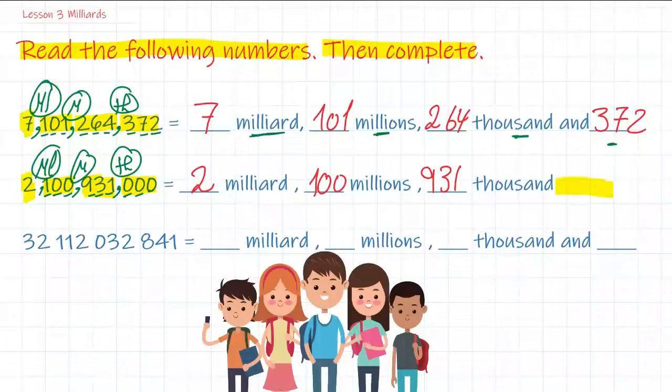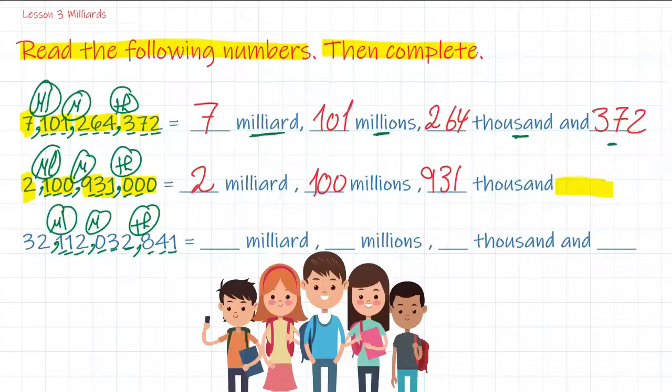Okay, let's move to the next number. We have 1, 2, 3 and a thousand comma, 1, 2, 3 and a million comma, 1, 2, 3 and a milliard comma. After that, in the milliard family we have 32, so let's write 32 here. And we have in the million family 112, write it here.